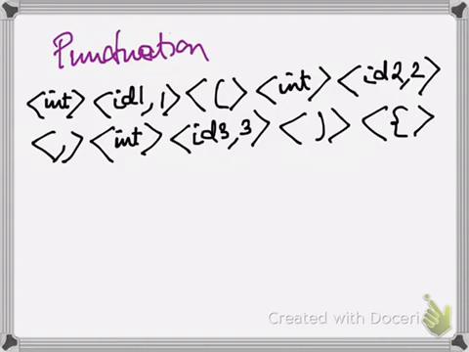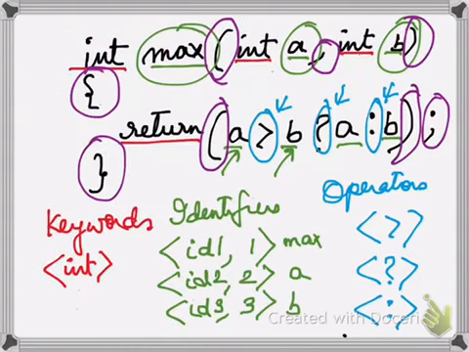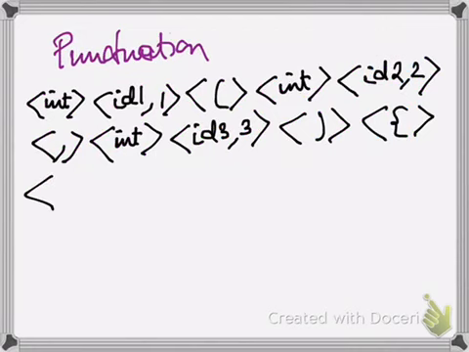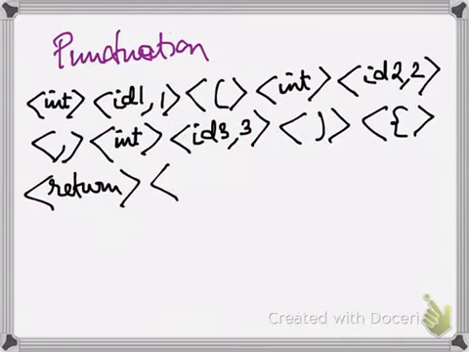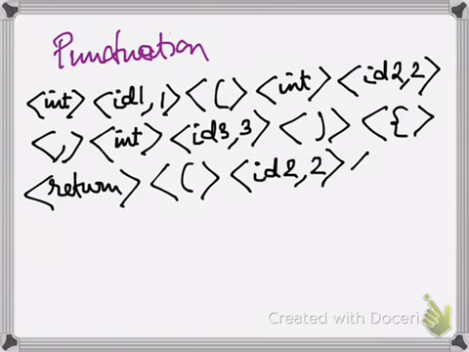Then we have return, which is a keyword. Then we have again bracket, punctuation. This is followed by A, which is ID 2, the same, but it will appear once more.